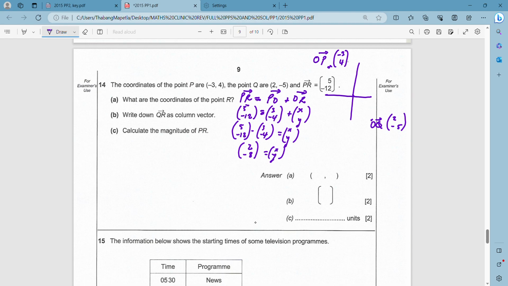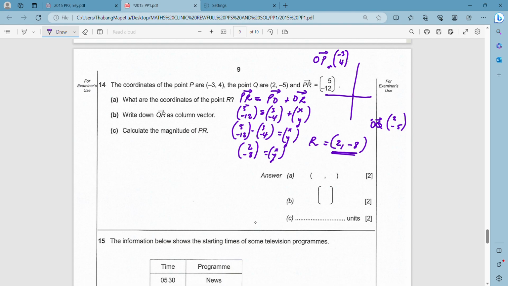We say that is OR. And what is OR? OR is simply the coordinate. We simply break it down into a coordinate. So therefore, R is equal to 2, -8. I think, yeah, 2, -8. So now, yeah, it's good.